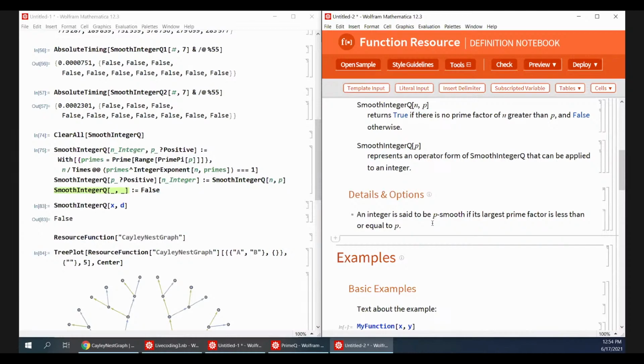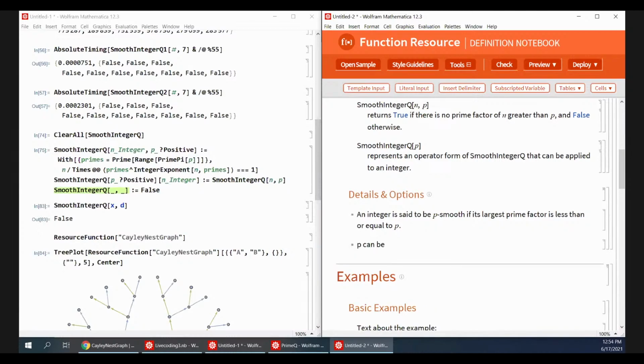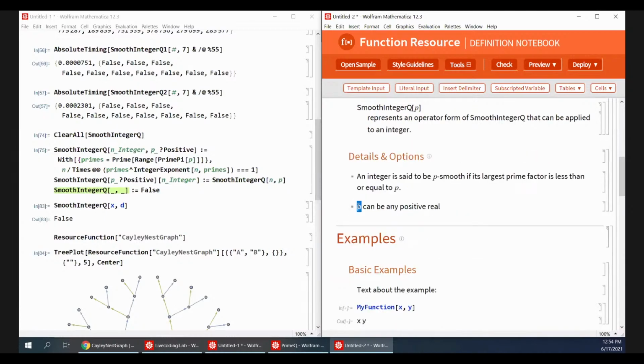We probably want to include to say that P can be not an integer. It'll just pick the largest prime less than that number. Sure, that's an excellent thing to put in details and options. So P can be any positive real. Is that succinct? And it'll pick the next prime less than it.